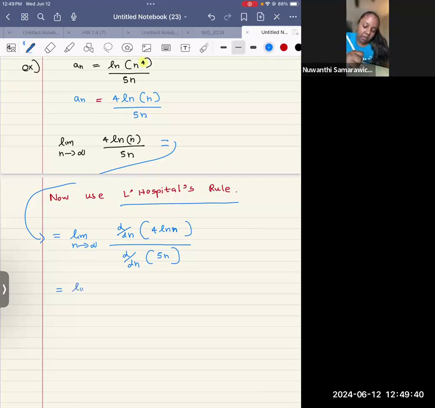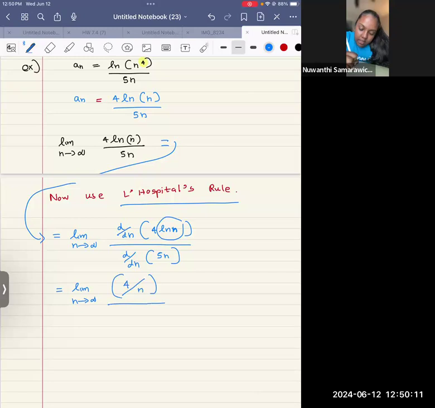If you differentiate, what do you get in the numerator? 4 over n, right? Because the differentiation of the log function is 1 over n. So it is 4 over n. So that's the numerator.